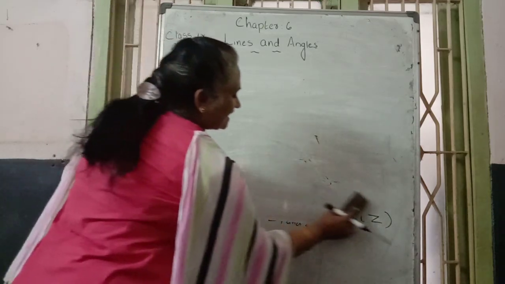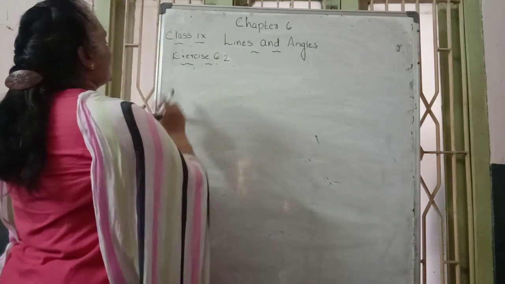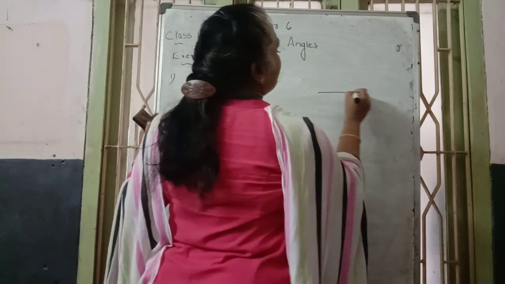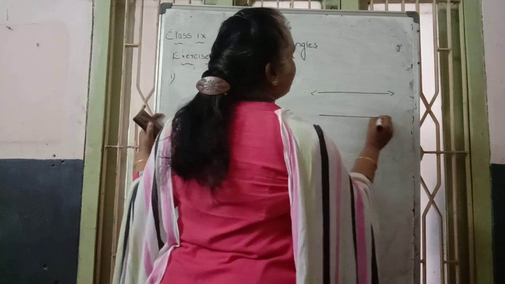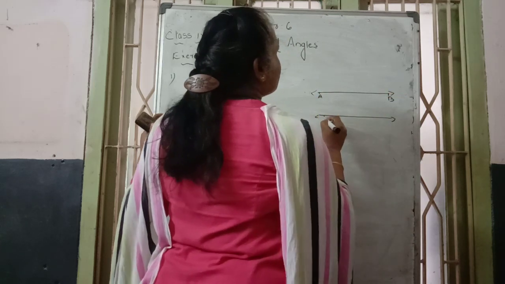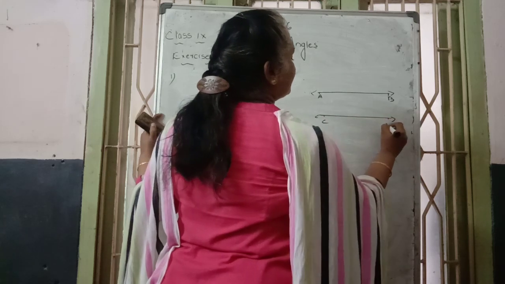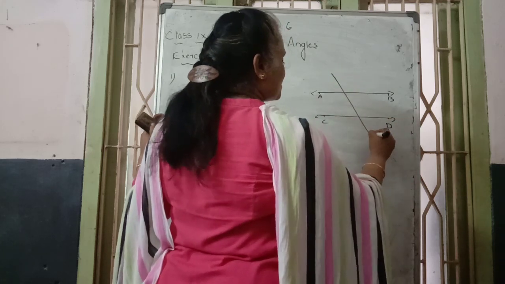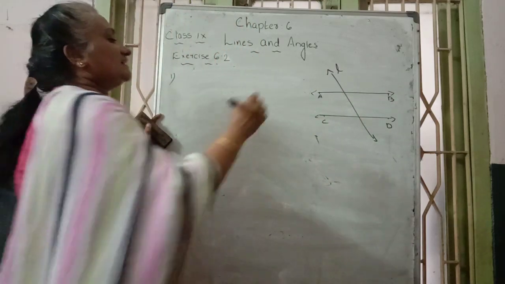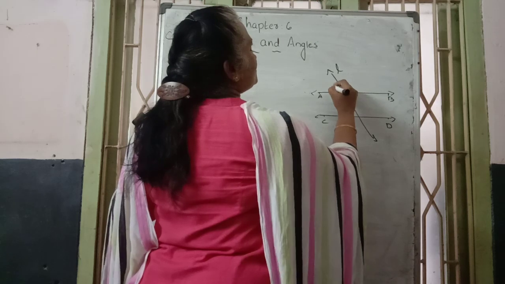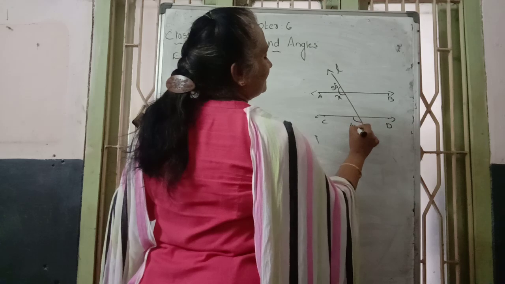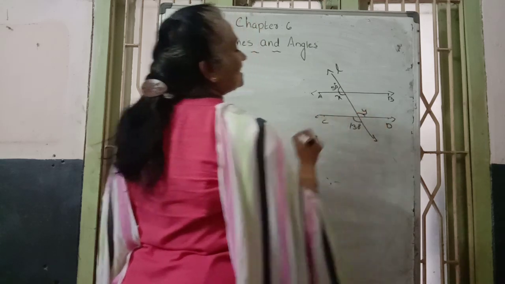First question. In that first question, they have already given a diagram. In the diagram there are two lines: the first line is named AB and the second line is CD. They are cut by a transversal line, a straight line L. They mark the angles: 50 degrees, X, 130 degrees, and here they mark a Y angle.